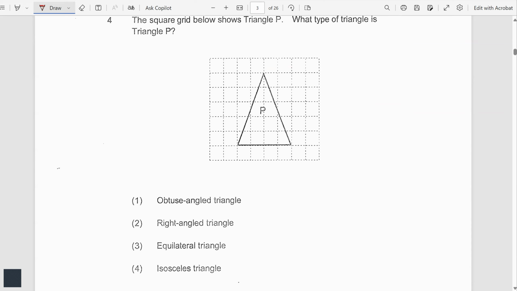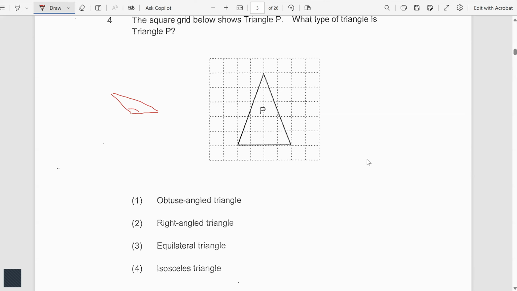Question 4. Square grid below shows triangle P. What type of triangle is triangle P? We have different options here: obtuse angle, right angle, equilateral, isosceles. Obtuse angle means that inside the triangle, there will be one angle that is more than 90.